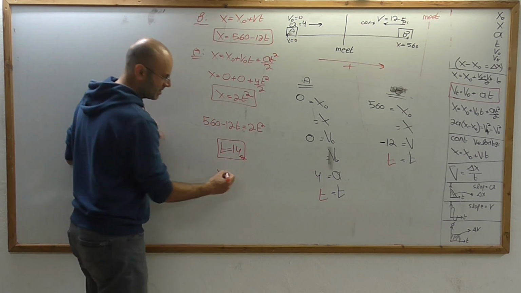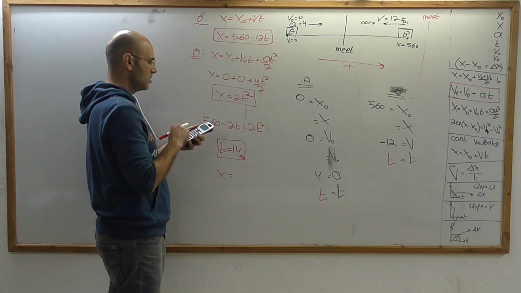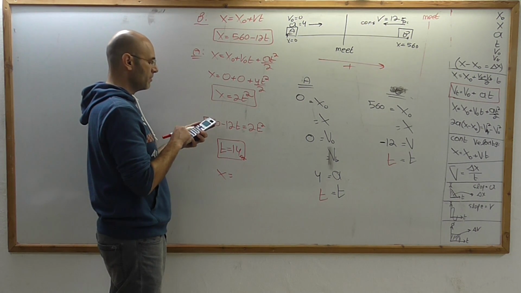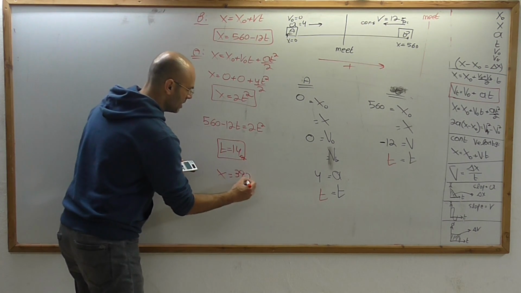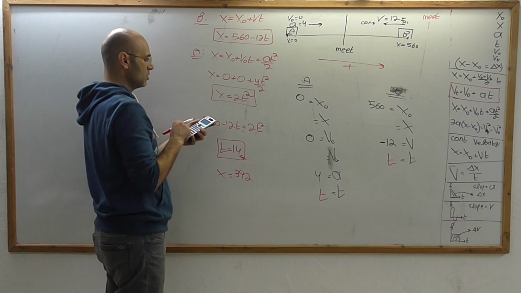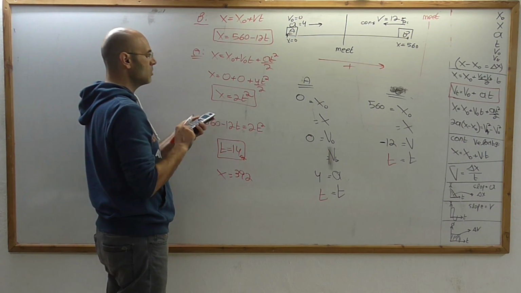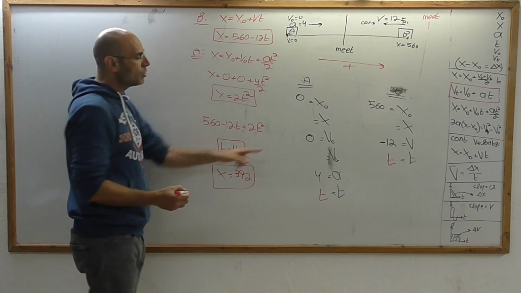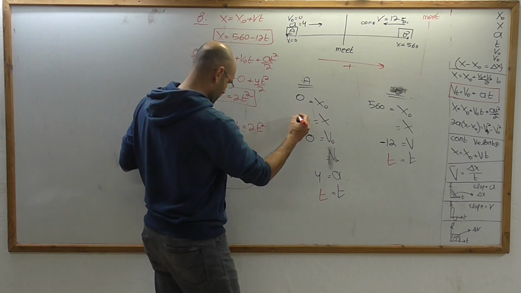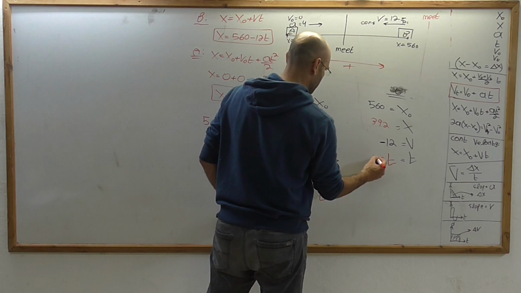And if I want the position x, I just place 14 here: 2 multiplied by 14 squared is 392. If I want to check myself, I can do 560 minus 12 multiplied by 14, which is exactly the same, so my answer is good. Let's write them first: 392, t equals 14.